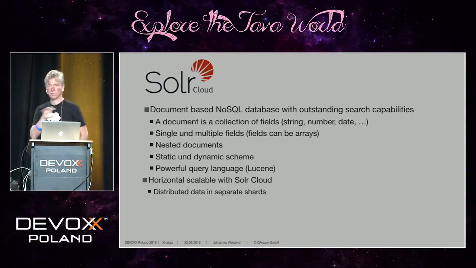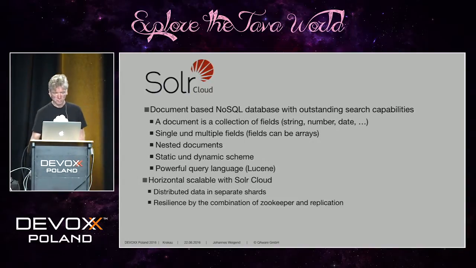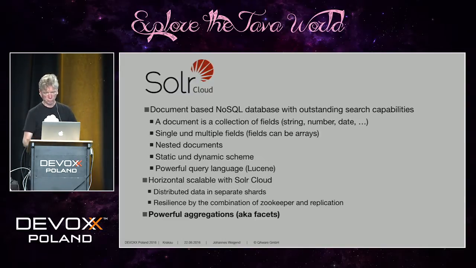It scales with Solr Cloud, and Solr Cloud makes it easy to distribute your data in separate shards, distribute it in a cluster, and make it resilient. And make it resilient by using Zookeeper, and replication. I show a picture. And the thing I will show you in a demo now is that Solr has powerful aggregation features, which come with the Facet API.